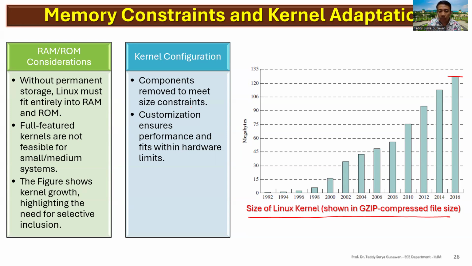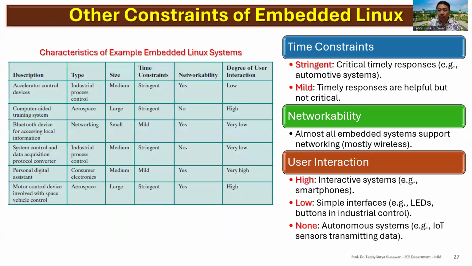For RAM and ROM consideration, Linux must fit entirely into RAM and ROM, so full-featured kernels are not feasible. This is the kernel growth. So we need to configure the kernel, removing components to meet size constraints, ensuring performance and fit within the hardware limits.